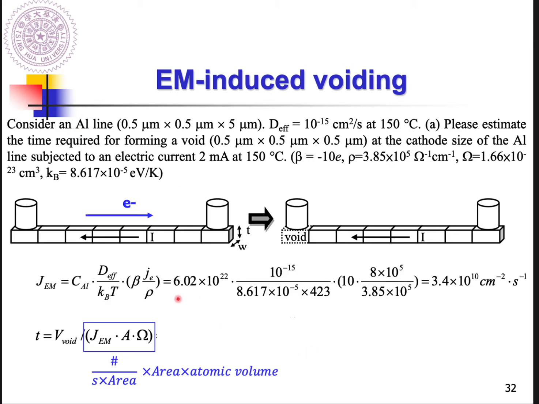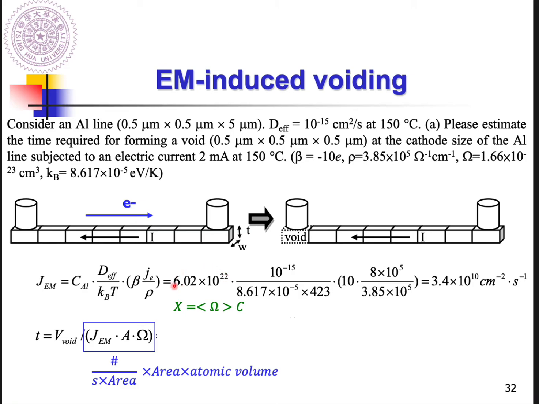So how to get this? There's a relationship you learned when you derived the Einstein relationship, right? The atomic fraction of alumina equals atomic volume times the concentration. So this is a pure alumina. So atomic fraction here is 1, so the concentration of alumina is 1 over the atomic volume.